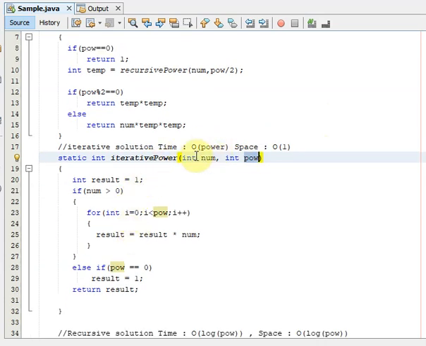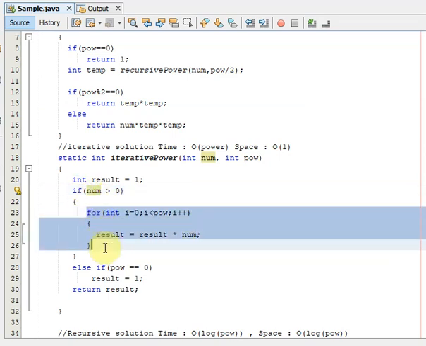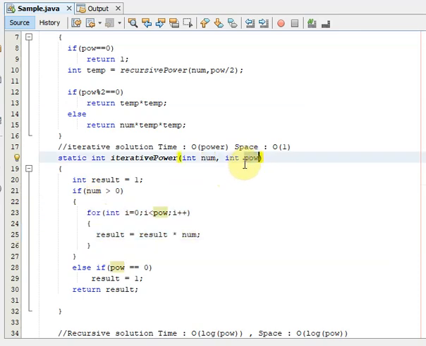Now for writing it in an iterative way, I am taking a variable called result and initializing it to a value of 1. Since my number is always positive, I'm just ensuring the number is positive, and then I am going to repeat my for loop till the exponent times, that is the power times.